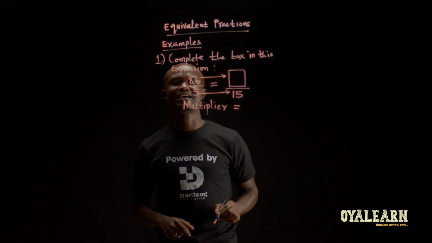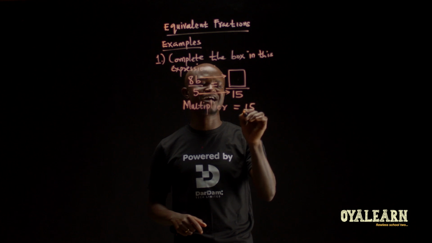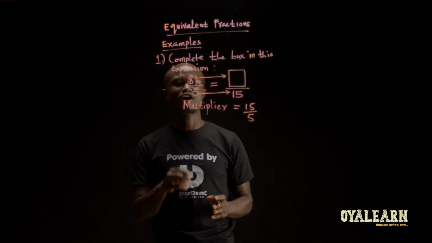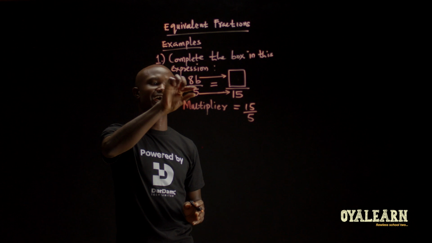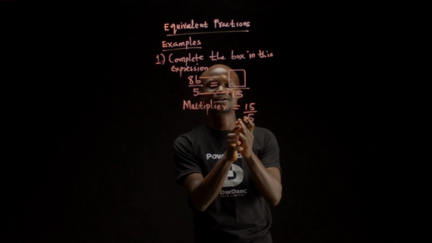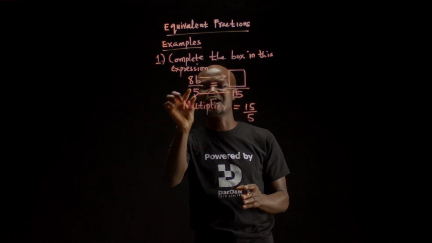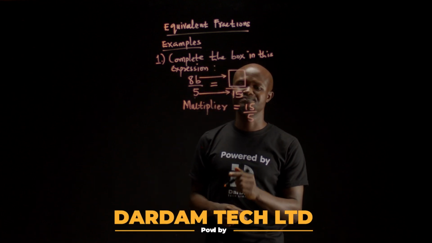The multiplier is going to be what? 15 divided by 5, because we have 5 here and this is 15. So for us to get the multiplier, we say 15 divided by 5.